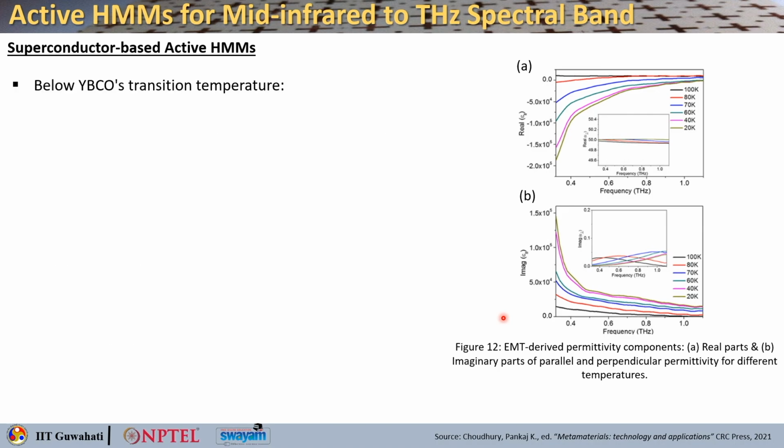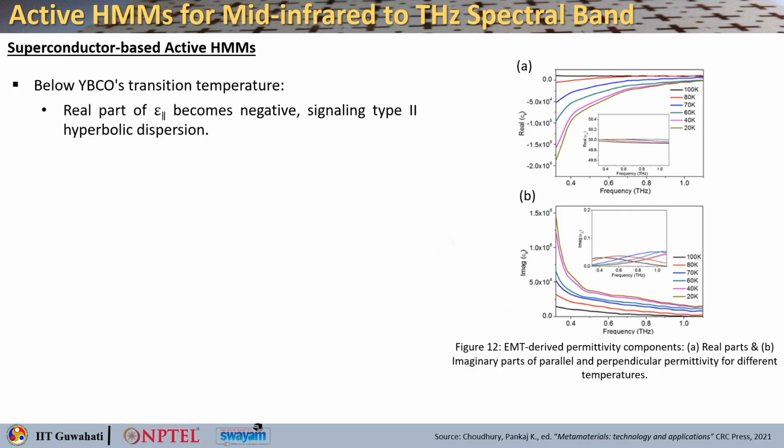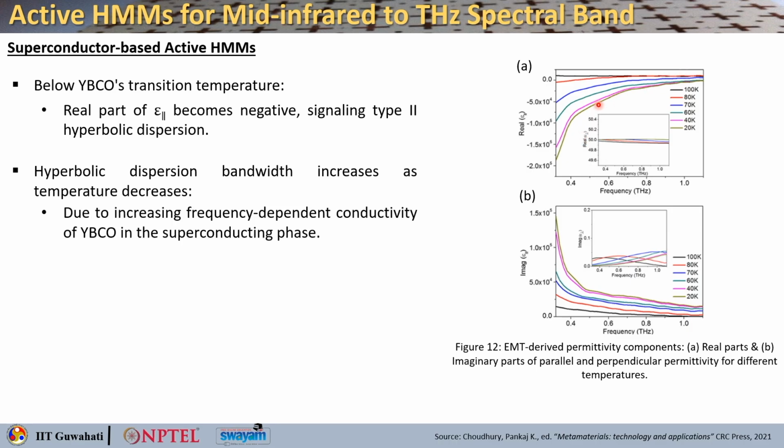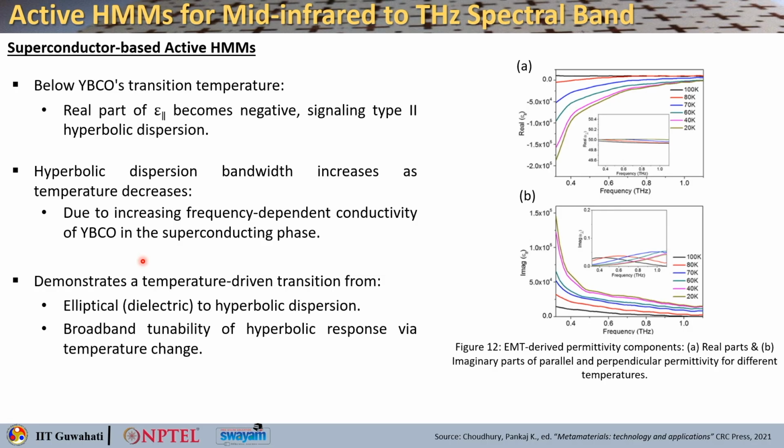Now, what happens below this transition temperature? You will see that the real part of epsilon parallel becomes negative, and that signals type 2 kind of hyperbolic dispersion. It is also clear that the hyperbolic dispersion bandwidth increases as the temperature decreases. This is mainly due to the increasing frequency dependent conductivity of yttrium barium copper oxide in the superconducting state.